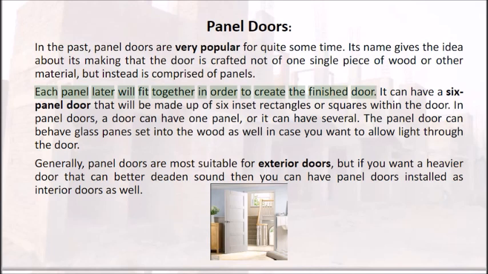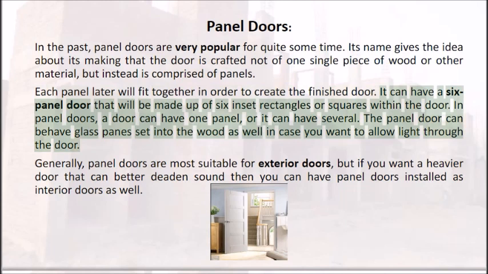It can have a 6-panel door that will be made up of 6 inset rectangles or squares within the door. In panel doors, a door can have one panel, or it can have several. The panel door can have glass panes set into the wood as well, in case you want to allow light through the door.